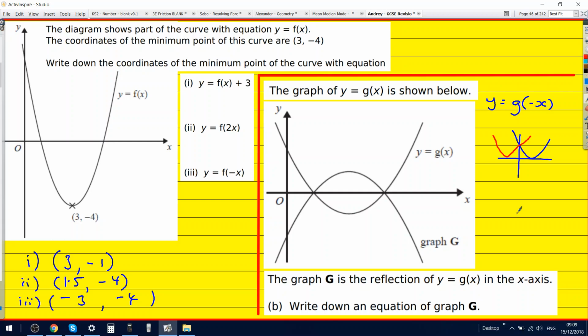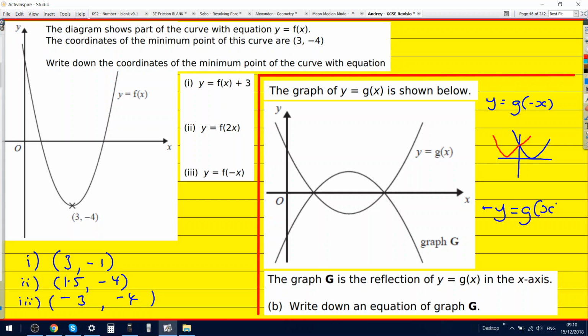It's not the x that changes sign, it's the y. So you changed x to minus x? Yeah, so would it be like g minus y? Well, it's just instead of y, it's minus y. Oh, right, okay.